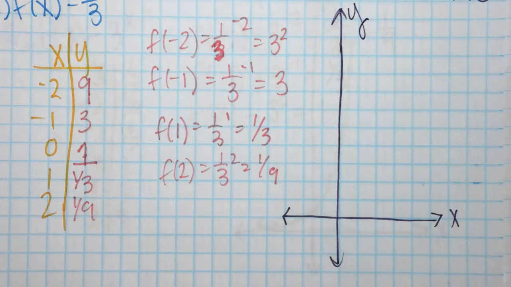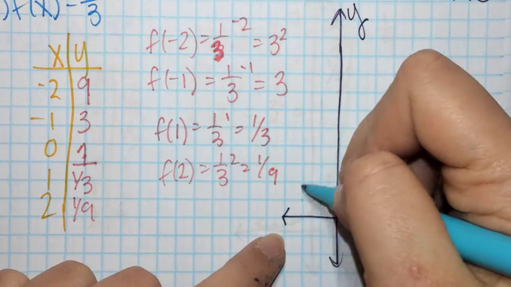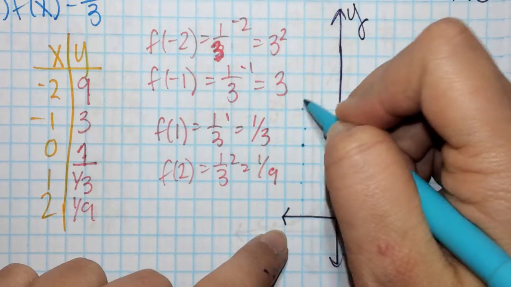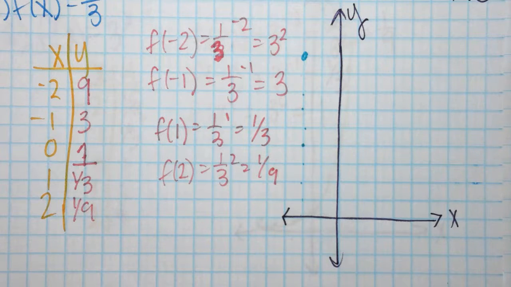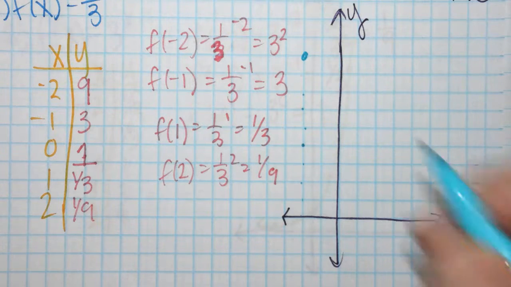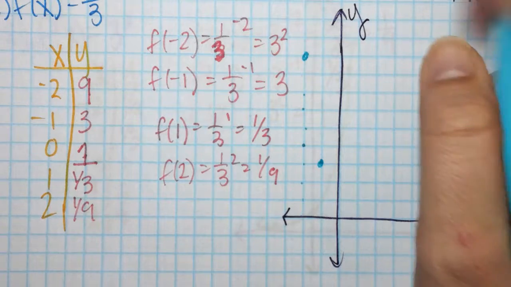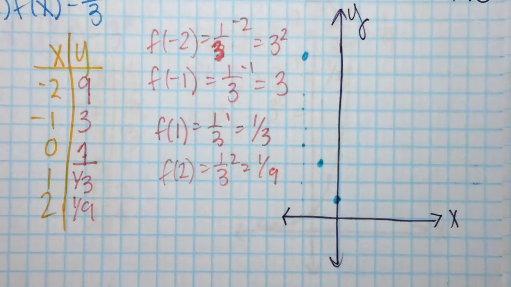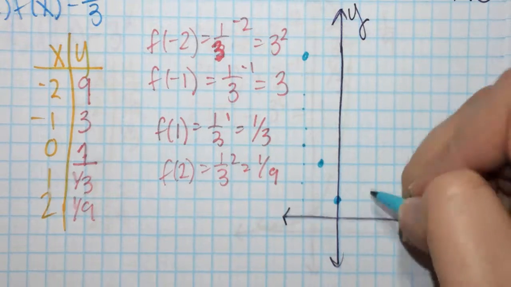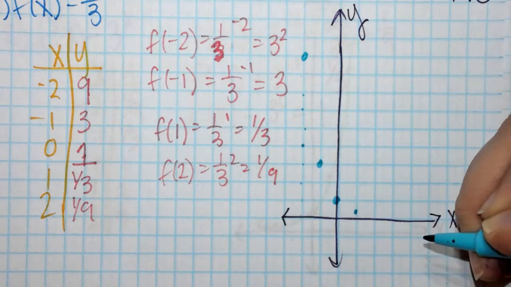Alright, so how do we plot -2, 9? How do I plot negative 1, 3? 0, 1. Up 1, 1/3. 2, 1/9.